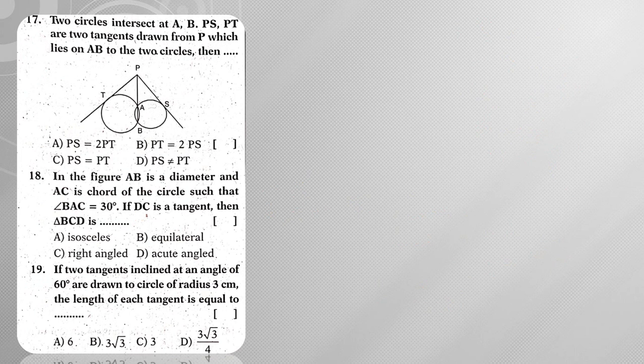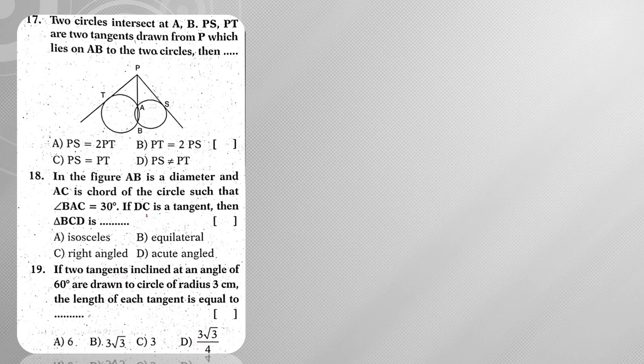Next, moving on to question number 17. Two circles intersect at A comma B. PS and PT are two tangents drawn from P, which lies on AB, to the two circles. Then he is asking what is the relation between PS and PT? Now if you observe carefully, in one figure we have PS and PAB.